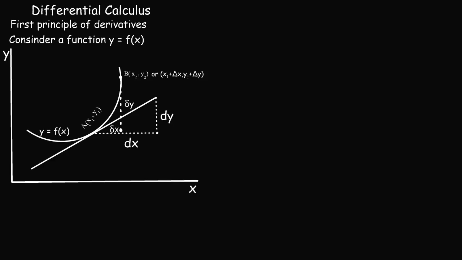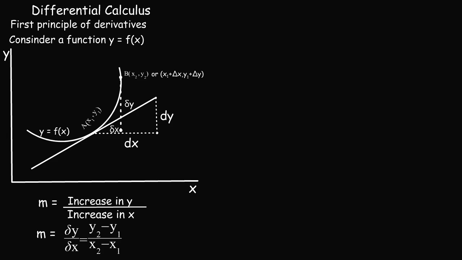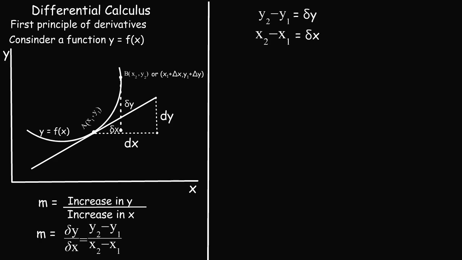If we plot this function on a Cartesian coordinate and choose 2 points A and B with coordinates being s1 and y1 for A and the coordinates of B being s2 and y2, from our knowledge of coordinate geometry, m will be equal to the increase in y divided by the increase in s, which is equal to y2 minus y1 divided by s2 minus s1, with y2 minus y1 being the change in y or delta y and s2 minus s1 being the change in s or delta s. This will be our equation 1.